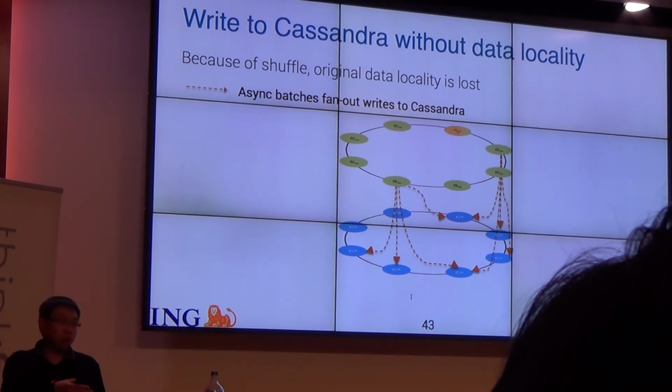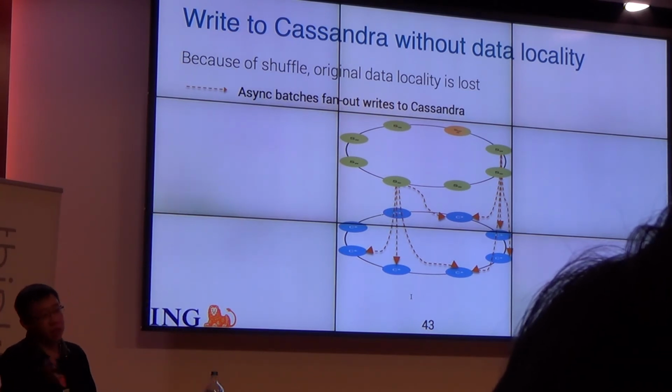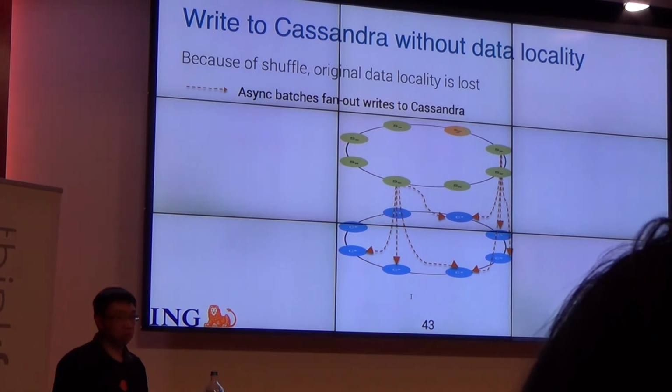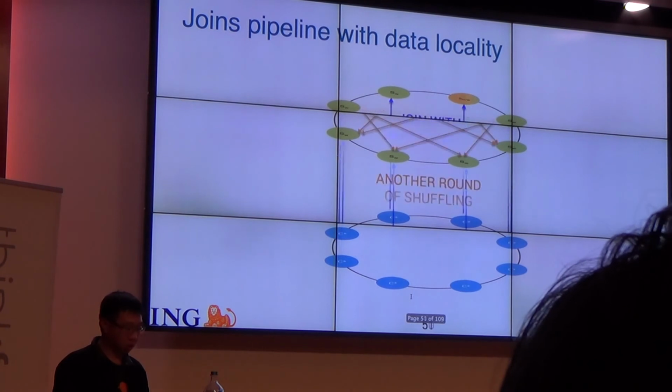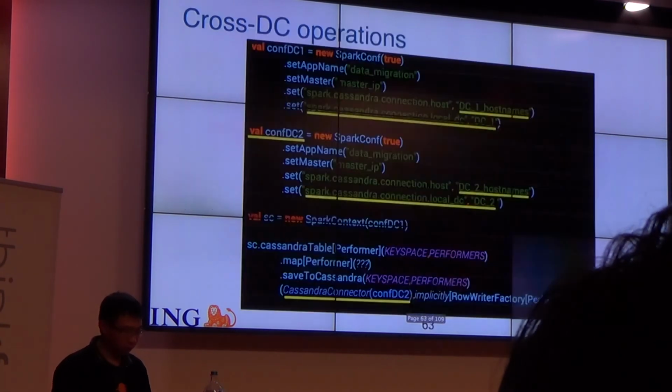Or you can go through a coordinator which will stream data again. Spark has compression and serialization, which is a little bit better. Let's move on. I'm running out of time.